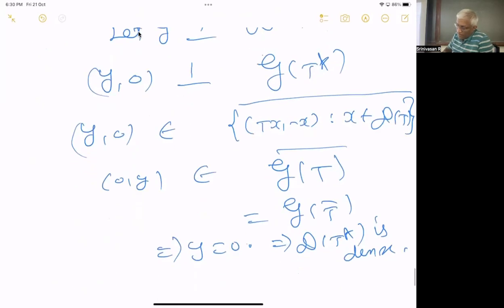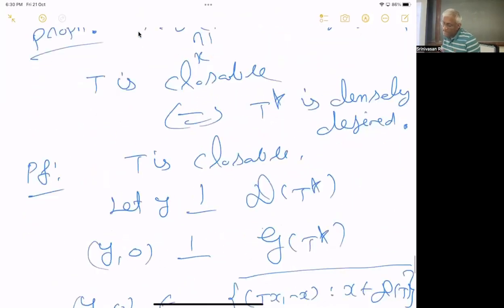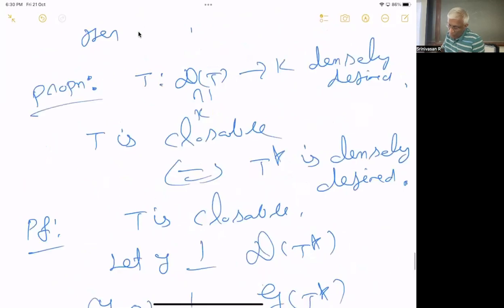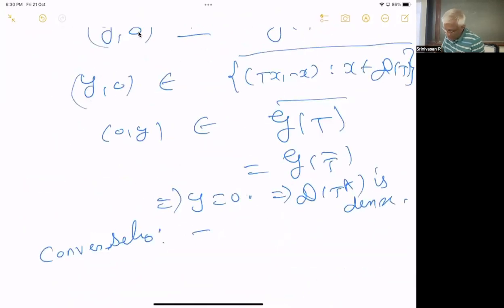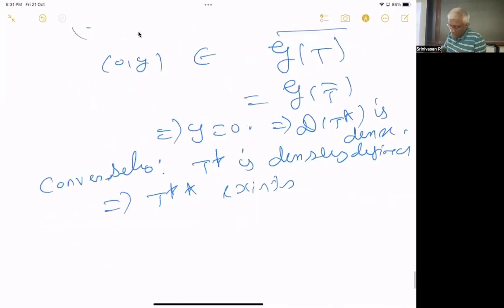Conversely, what do you have to do? If T star is densely defined, then T is closable. That's what we want to do. This is very easy. T star is densely defined. This implies T star exists. And T star satisfies this condition, no?